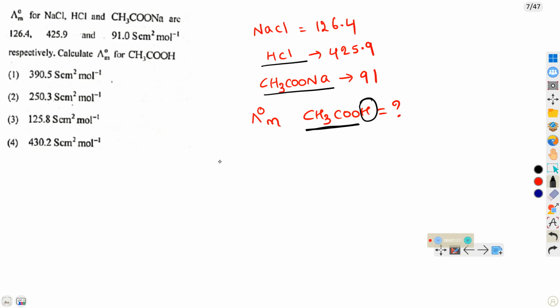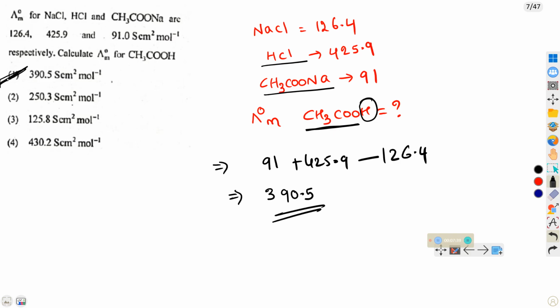Remaining values you must subtract. That means 91 plus 425.9 minus 126.4. Simplify. Then you will get 390.5. First option correct.